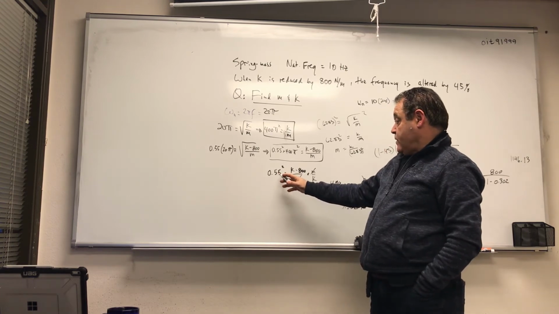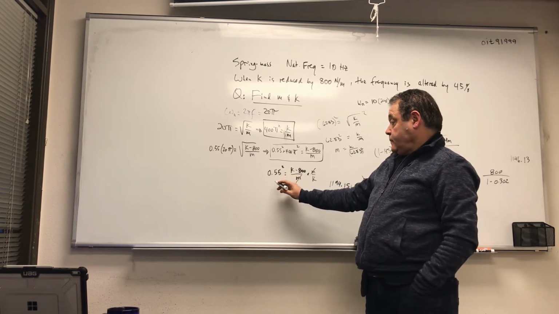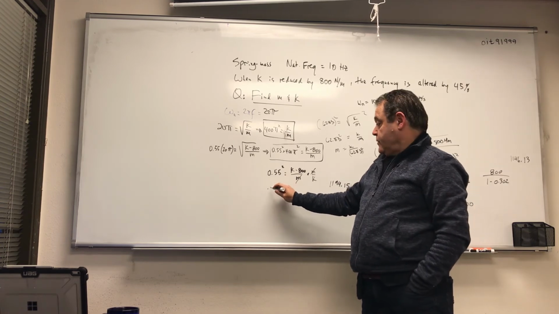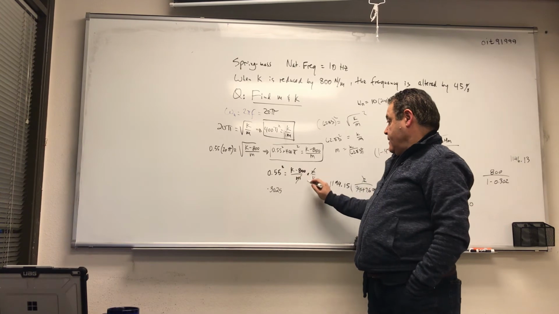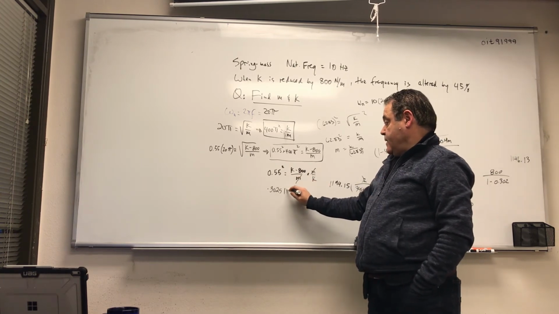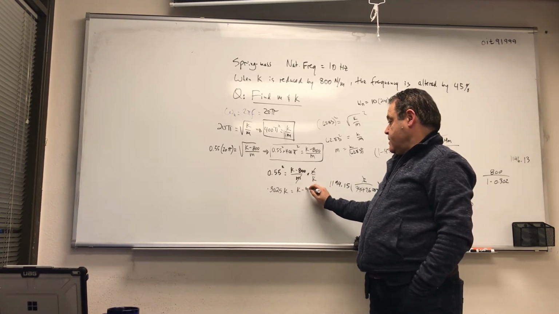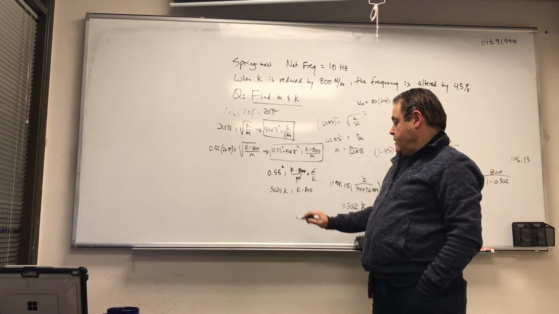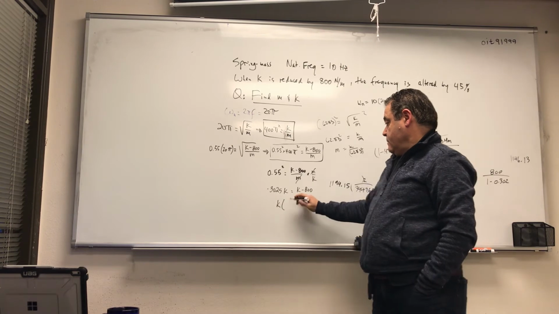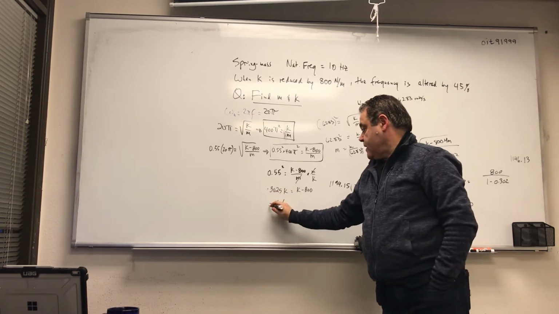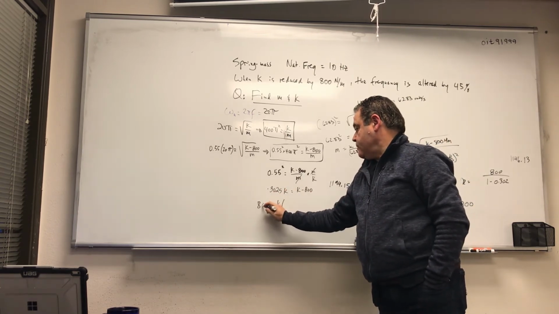What's 0.55 squared? 0.3025. And I multiply here by k, it is equal to k minus 800. So I bring the 800 to the other side, it becomes plus 800, right?